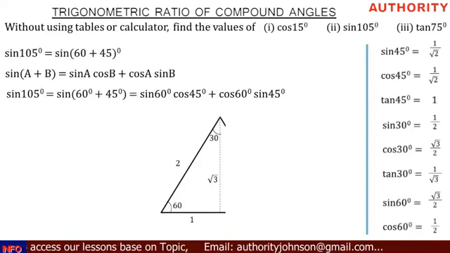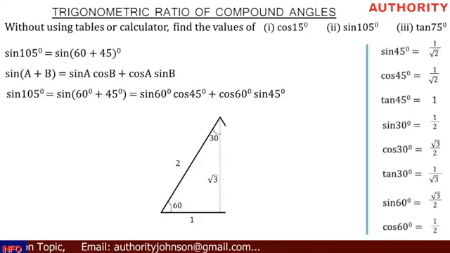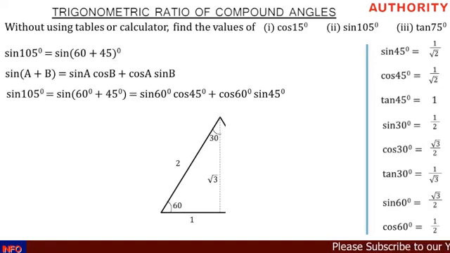Therefore sine 60 is equal to √3 all over 2.